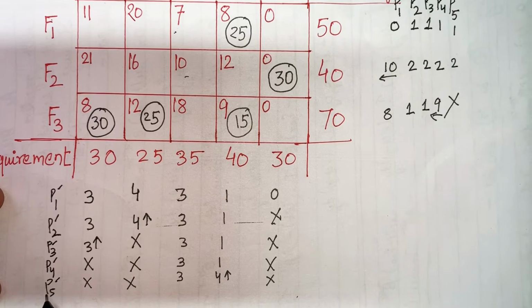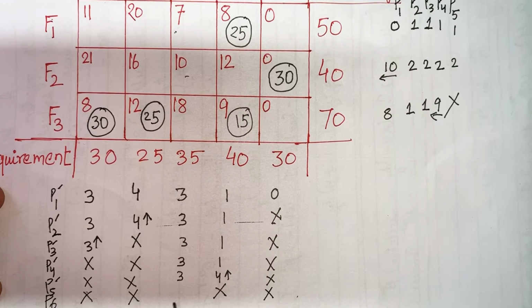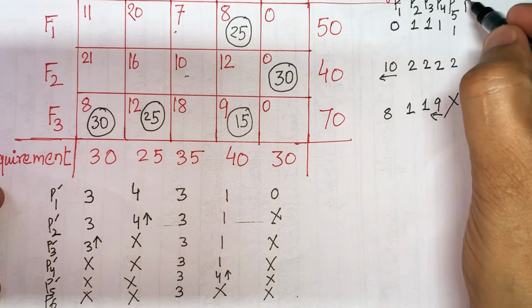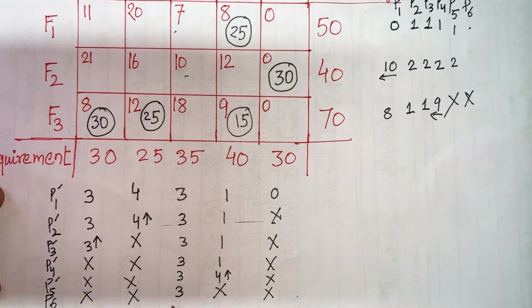I'll try to put P6 here and make sure that it is visible. Not needed. Not needed. Only thing left here is 3. Not needed. P6 I am calculating, and now only one column is left.